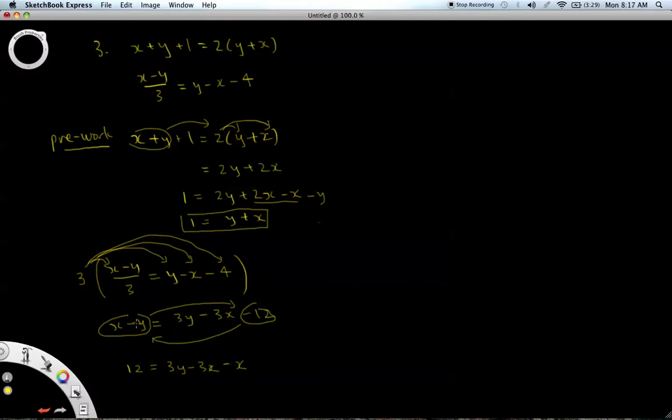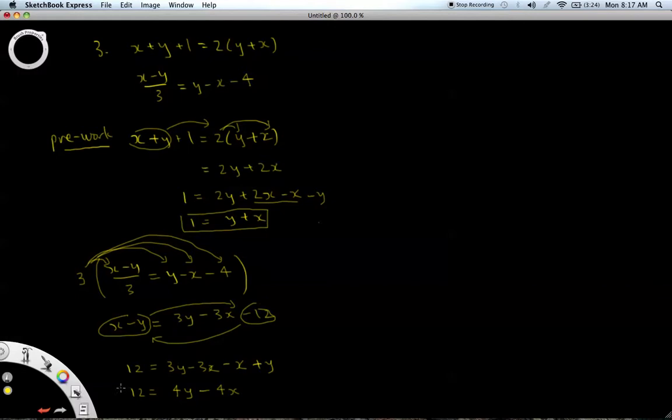This is a negative y. When I move it over, it becomes positive y. I'm going to simplify that further. So 12 is equal to, now 3y plus y, or plus 1y, is 4y. Negative 3x, take away x, or take away 1x, is negative 4x.